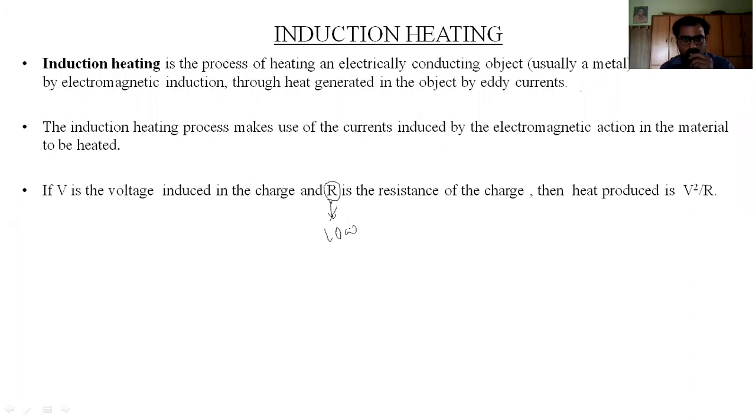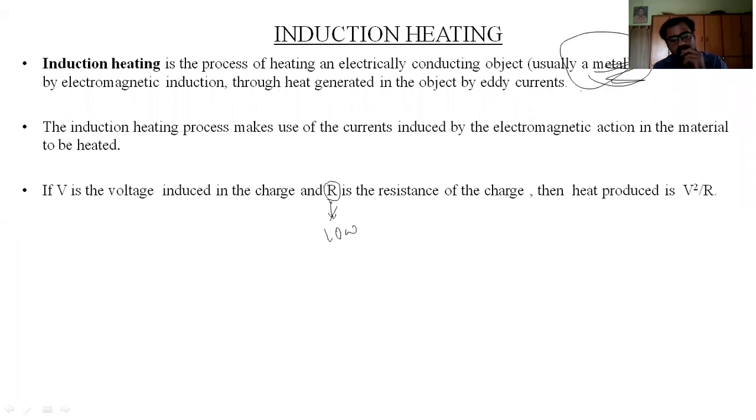Such low resistance materials are available in metals only. That's why we have considered metal as the conducting material. So when the resistance is low, the voltage must be higher.